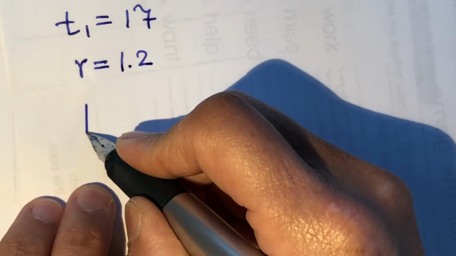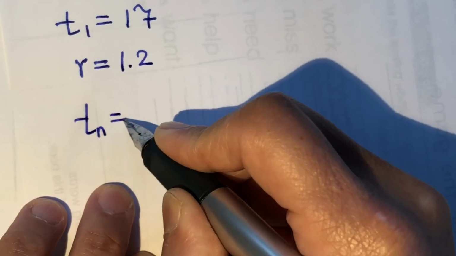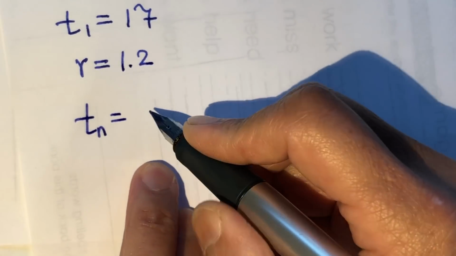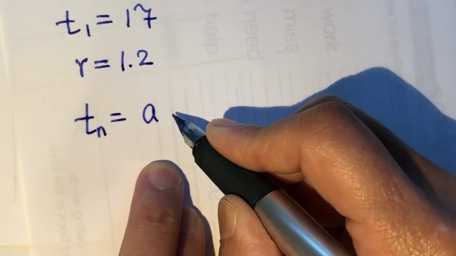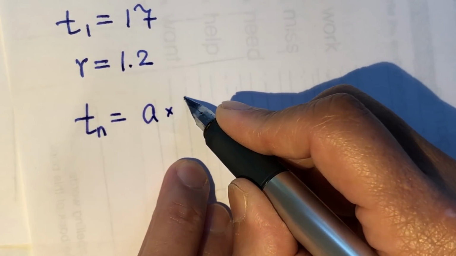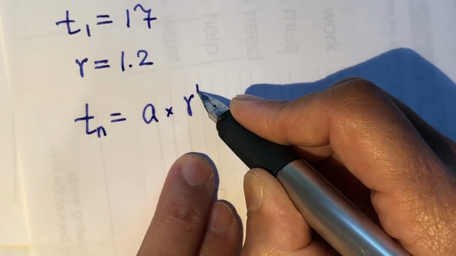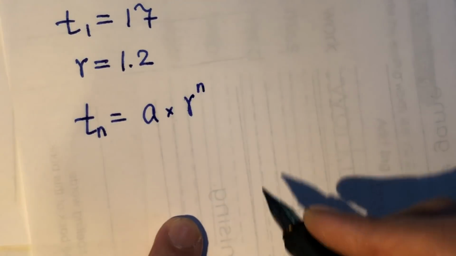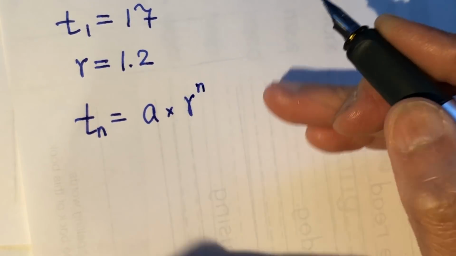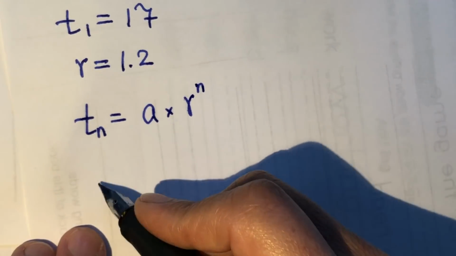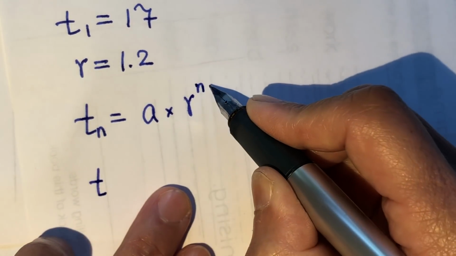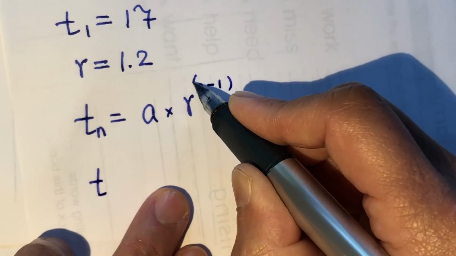We know Tn equal to the starting number a times r to the power of n minus 1.